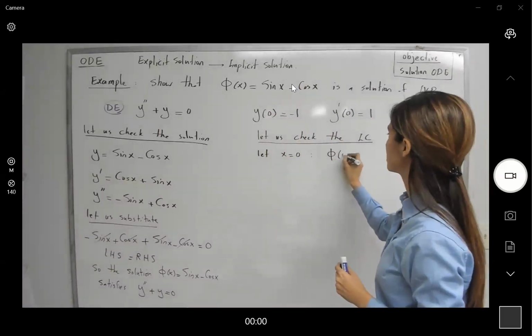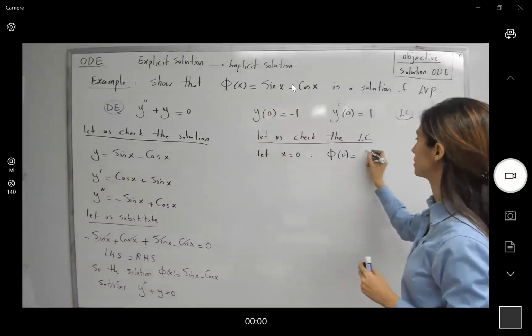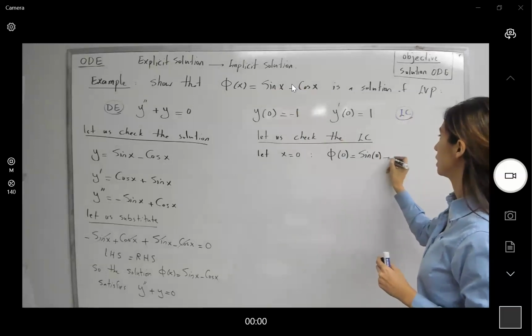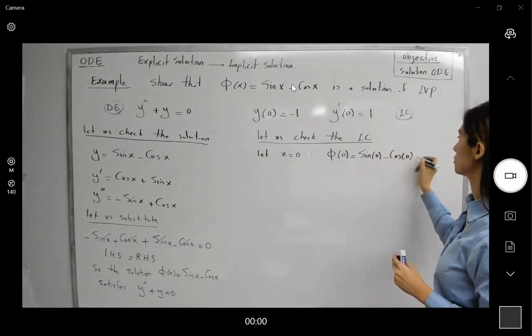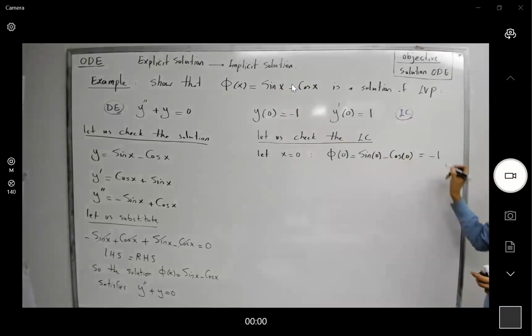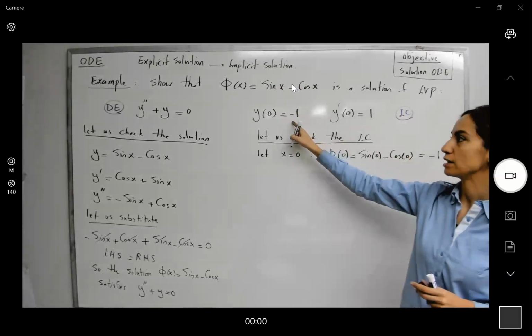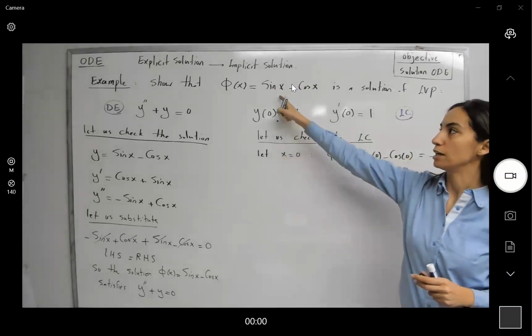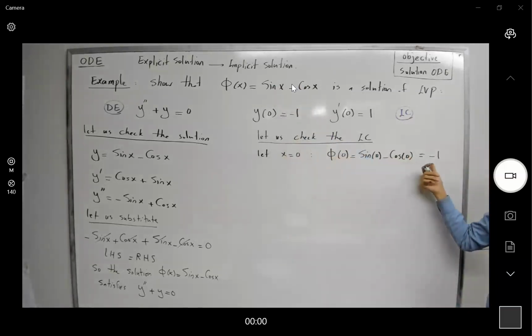Phi of 0 is equal to sine 0 minus cosine 0. Well, this is 0 and this is 1. The outcome is -1. As you can see, as we plug in 0 into phi of x, our y value is -1. So we're good with the first condition.